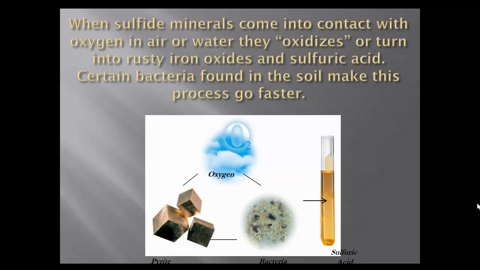And then there's also bacteria in the soil that make this process go a lot faster. When those bacteria are buried deep underground and not near oxygen, not a problem. But when the bacteria are exposed to air, they can make this process a whole lot faster.